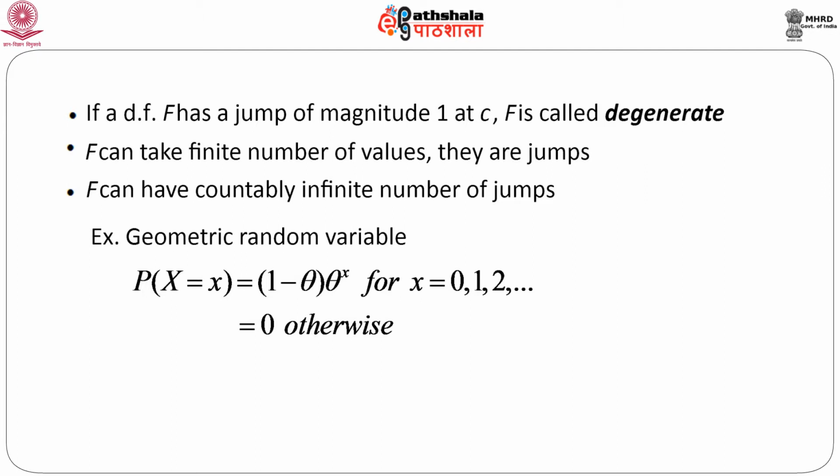So if we take x equals 0, the jump is 1 minus theta. If we take x equals 1, the jump is 1 minus theta into theta. If we take x equals 2, the jump is 1 minus theta into theta square, and so on. And if we calculate the distribution function, we can immediately show that it satisfies all the three properties that we discussed in the last class.